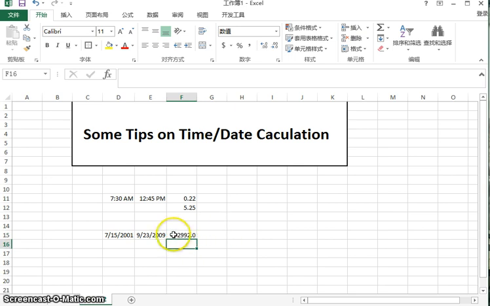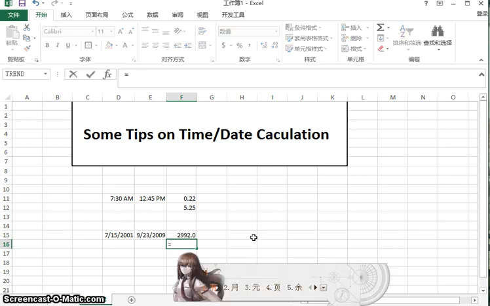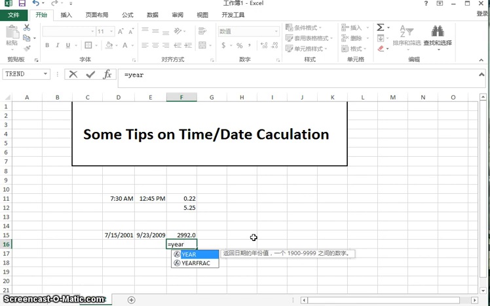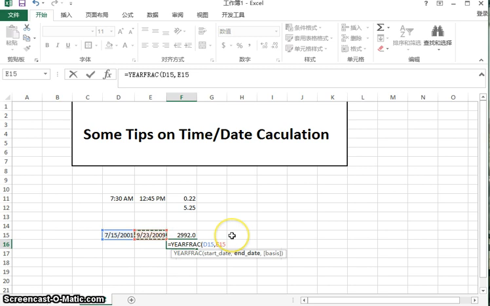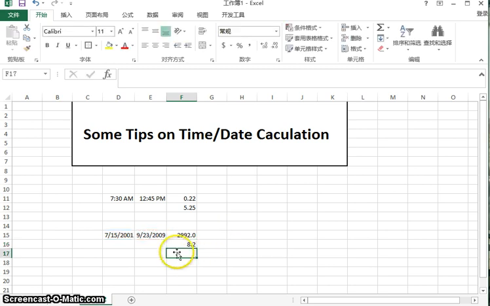And if we want to calculate how many years during this period, I guess all of us know that Excel provides another function, year fraction. By this function we can easily calculate how many years. The start date is this one and the end date is this one, and it gives us 8.2 years during this period.